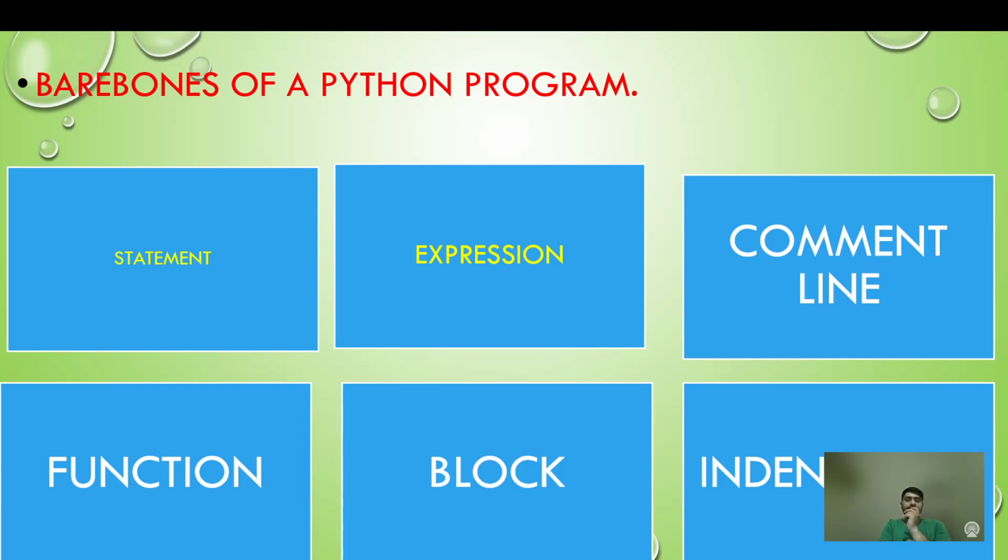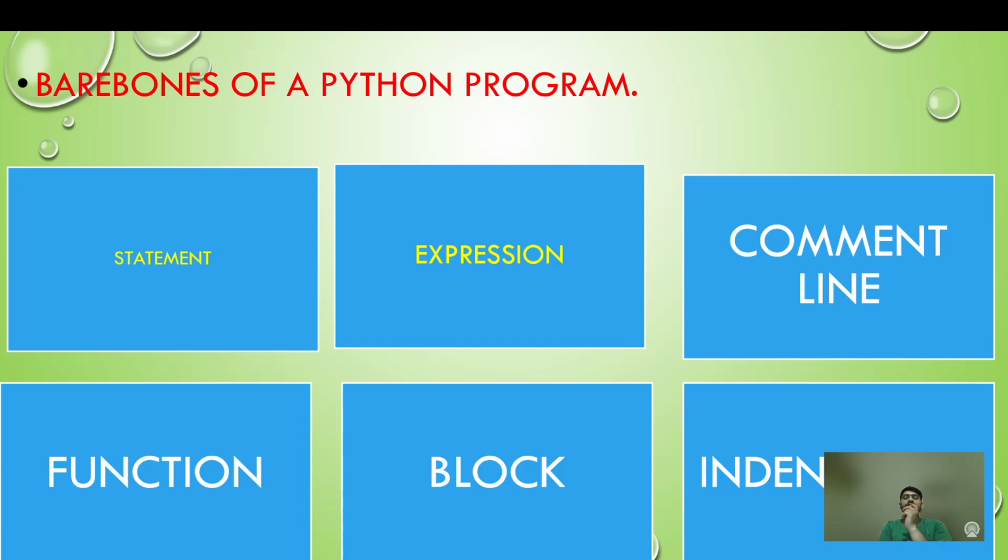Statements are the instructions given to the particular program. So every instruction in the program is a kind of statement. Expression contains some variable, literal, and symbols, and it is evaluated to a single output. When we are solving any kind of expression, we finally get a single output.